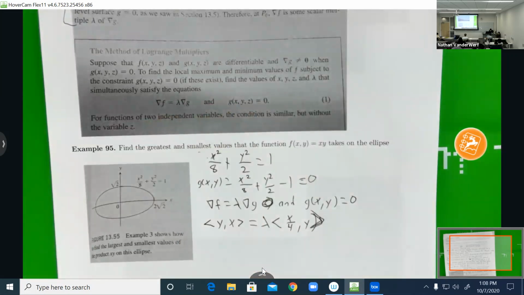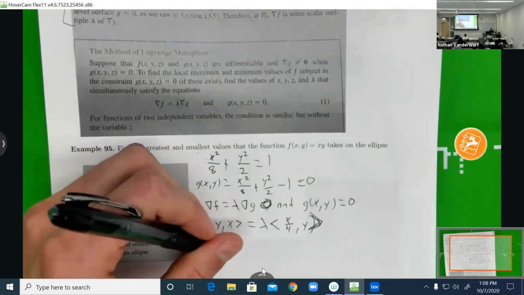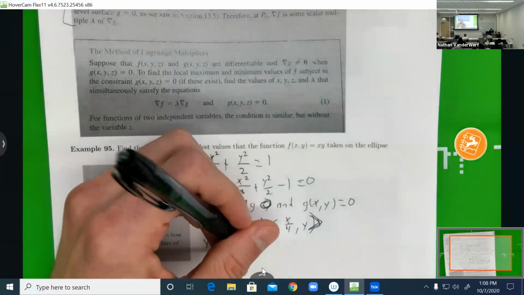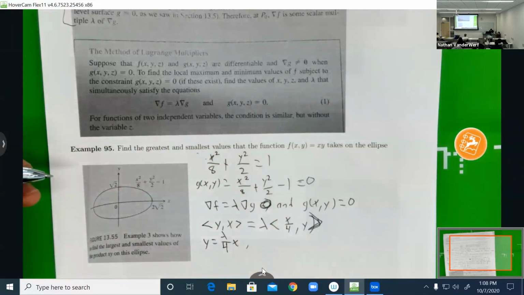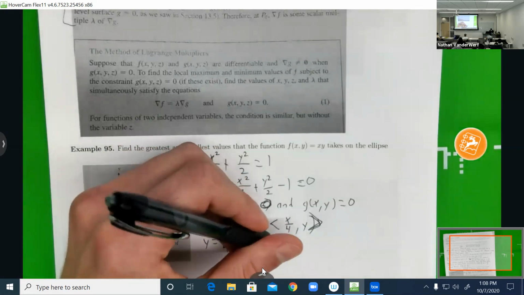Does that look right? This gives us a couple of different equations: y equals lambda over 4 times x, and x is equal to lambda y.